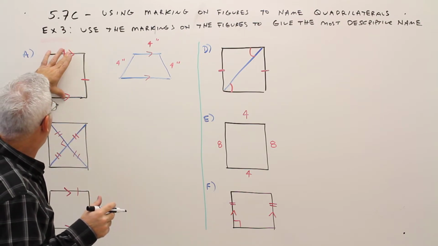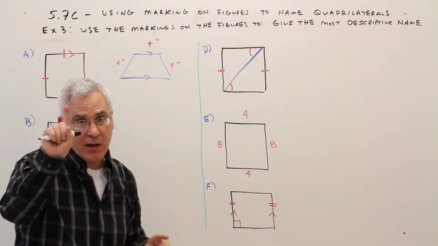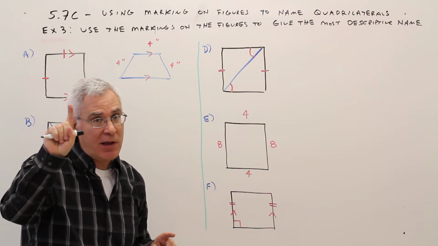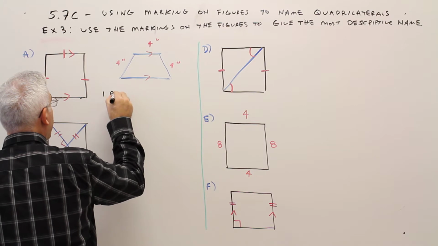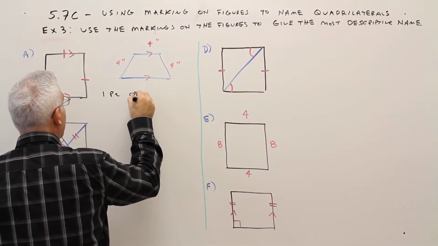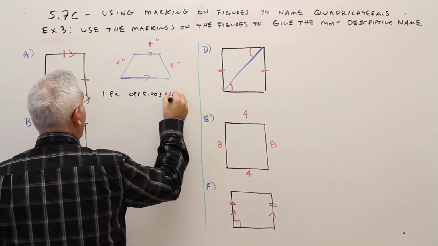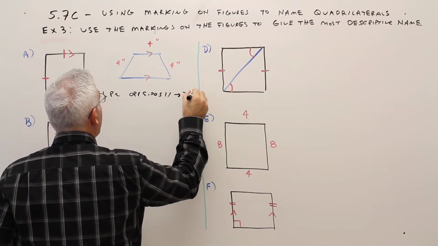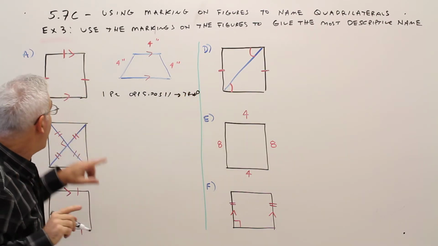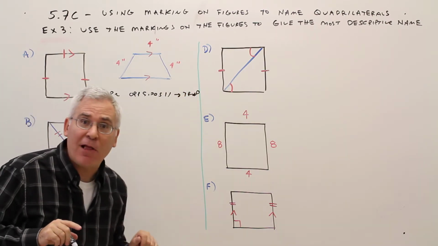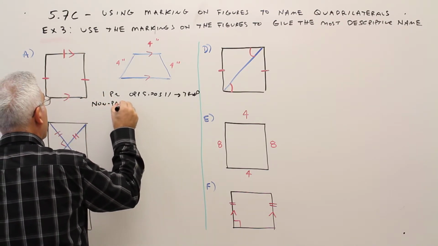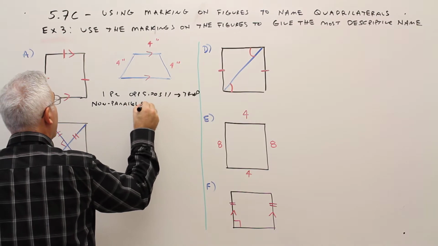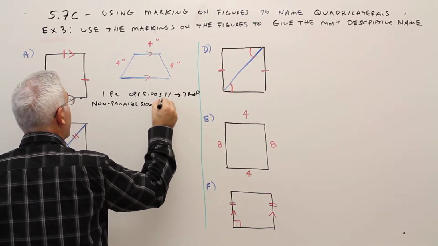We've got parallels here. So just based on exactly one pair of opposite sides being parallel, we know we're a trapezoid. Then I've got the non-parallel sides congruent.